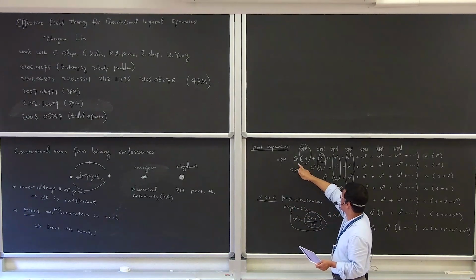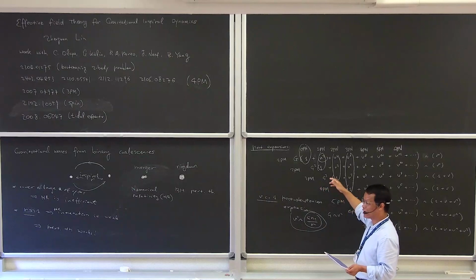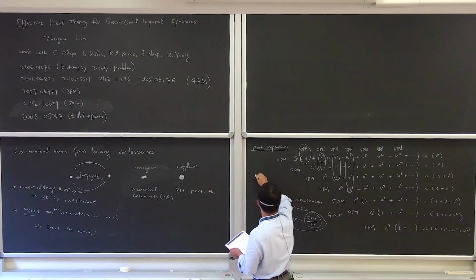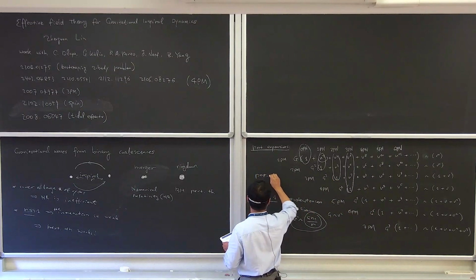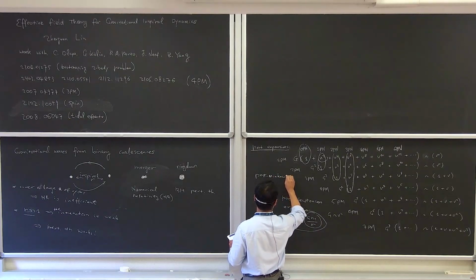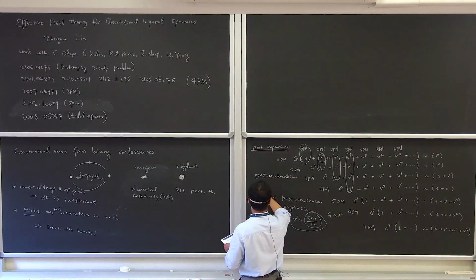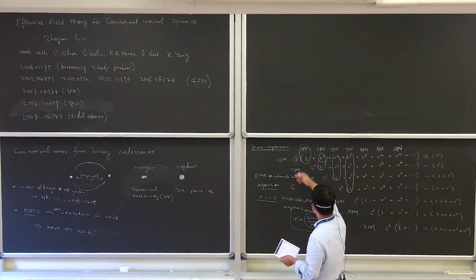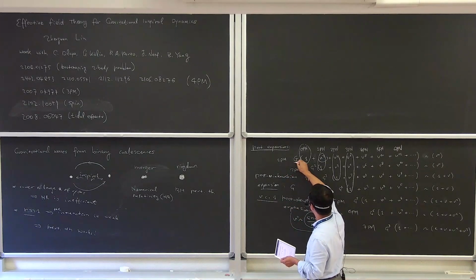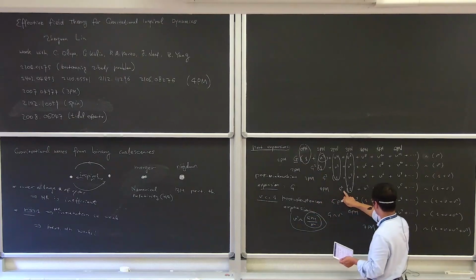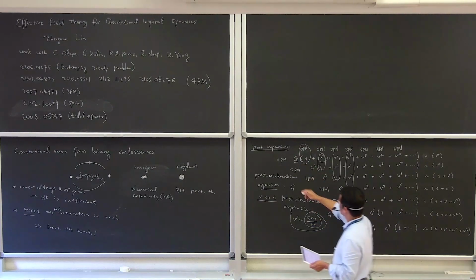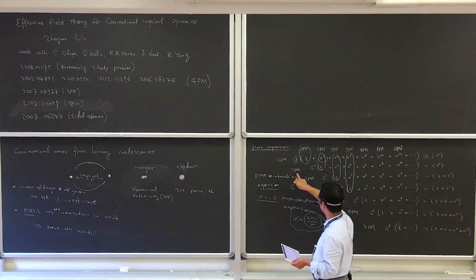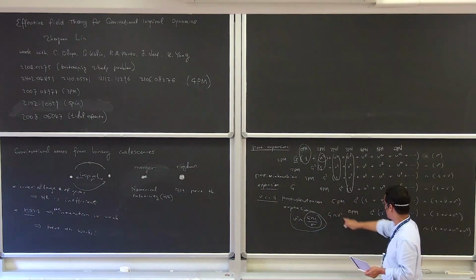In this case it works for any values of velocity. This is called the post-Minkowski expansion. So this order is G squared, G cubed, G fourth, G5, and G6. So we get 1PM, 2PM, 3PM, 4PM, 5PM, and 6PM.